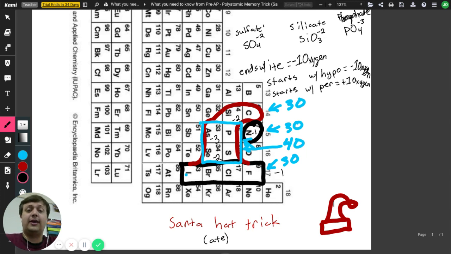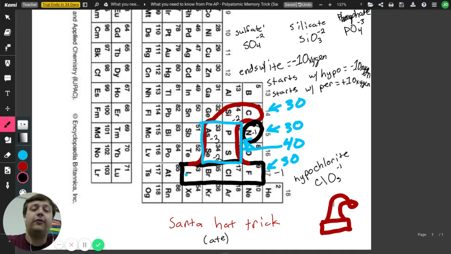Okay, so let's say they tell me I have hypochlorite. Okay, hypochlorite. Well, hypochlorite is Cl attached to an O. Well, chlorate is ClO3. How do I know? It's in my Santa hat, but it's not in that middle 4. So it's got ClO3. And then its charge, it's in that first group, so the charge is -1.